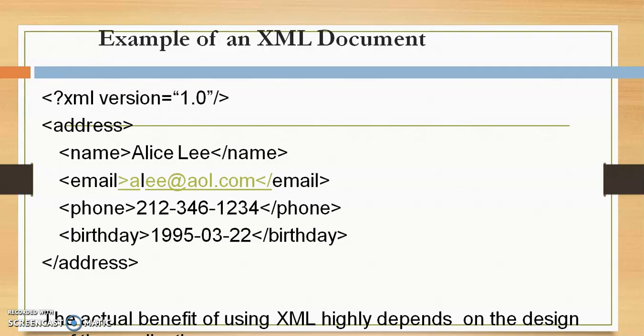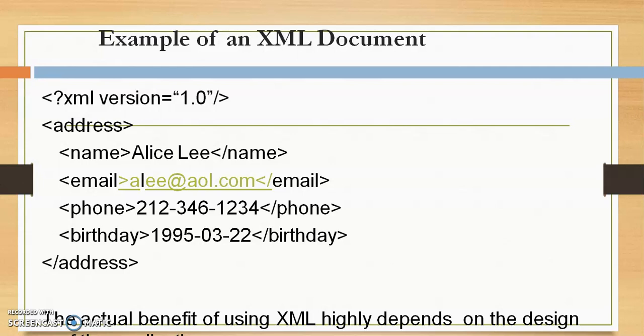The version used is 1.0, which should be specified within double quotes, and the end tag should have a backslash. Then, here we have the address of a particular person. The address consists of the name of the person, email of the person, contact number and birthday. All this information will be contained in this XML document.